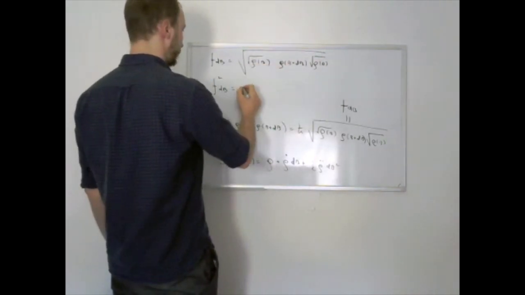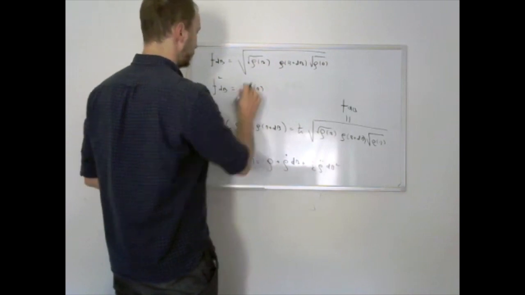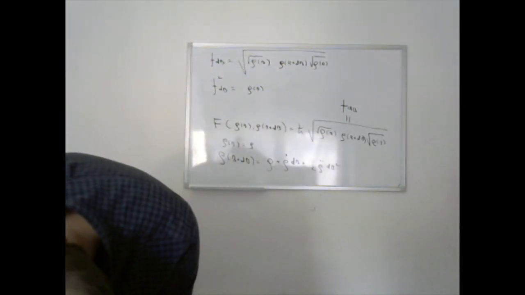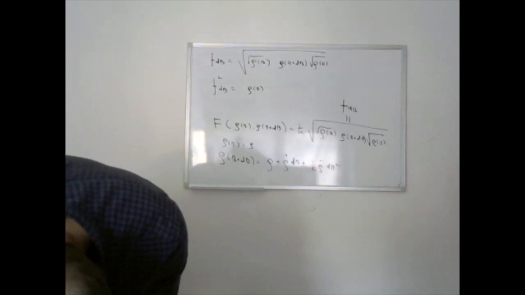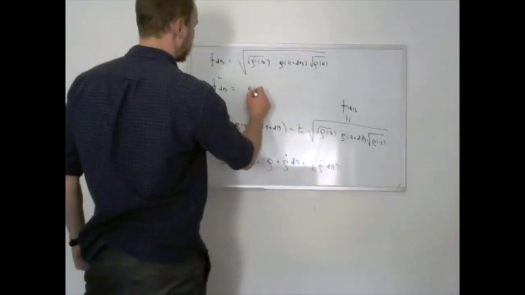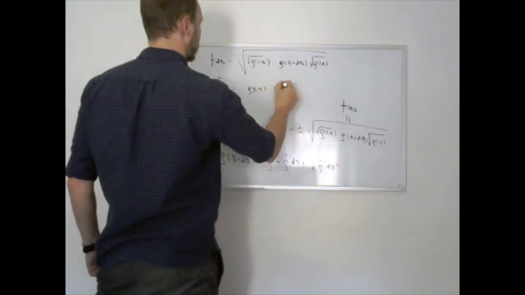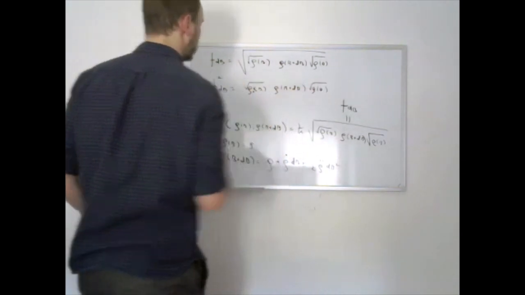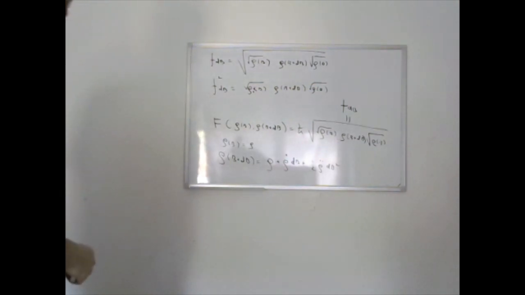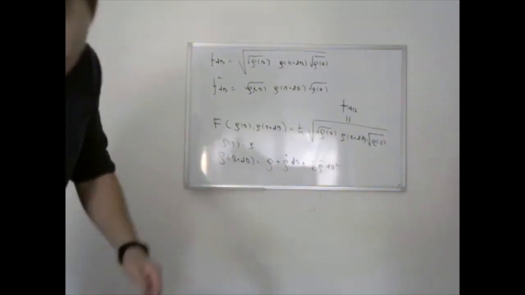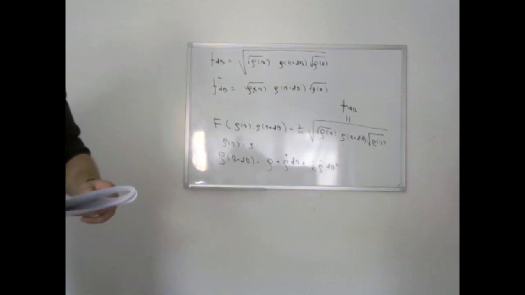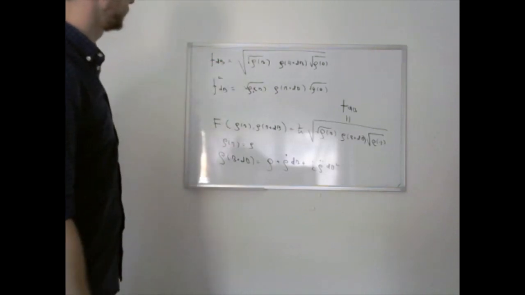If you square this thing, we just get the square root of rho B. What we know is that we get rho of B plus dB. This is just the definition of the square root, of course.